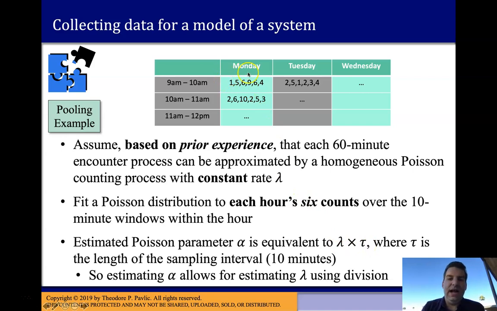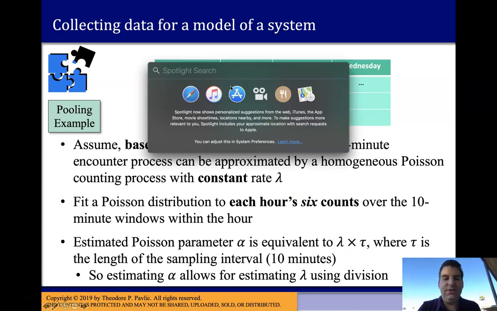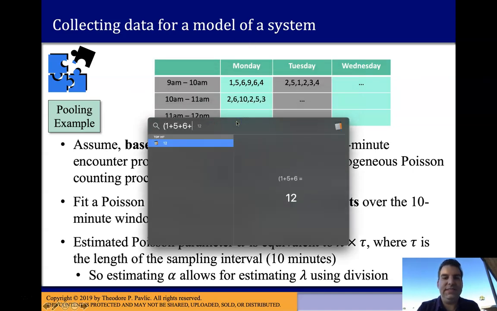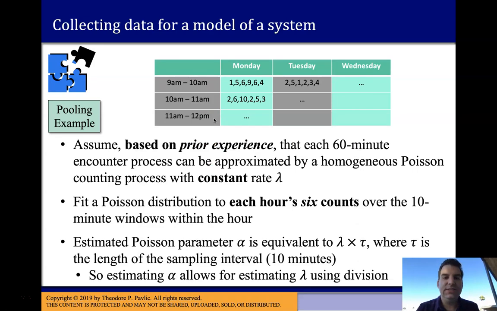So I might find an average of, well, let's see, 1 plus 5 plus 6 plus 9 plus 6 plus 4 divided by 6. So this has an average number of arrivals of 5.17 per every 10 minutes. If I were to fit the best fitting, or maximum likelihood, Poisson to this, the parameter of the Poisson would be around 5.17.